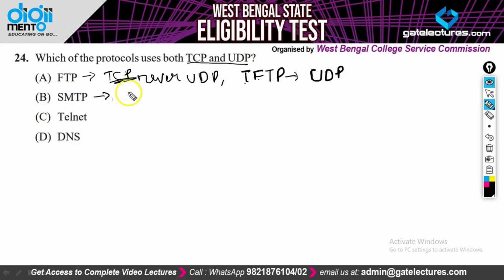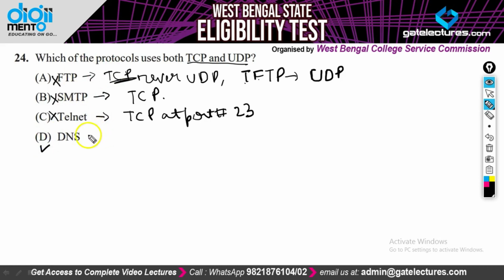Next we have SMTP. SMTP also uses TCP. Next we have Telnet. Telnet also uses TCP, at port number 23. Now DNS. So those are not the option, because all these three use TCP.